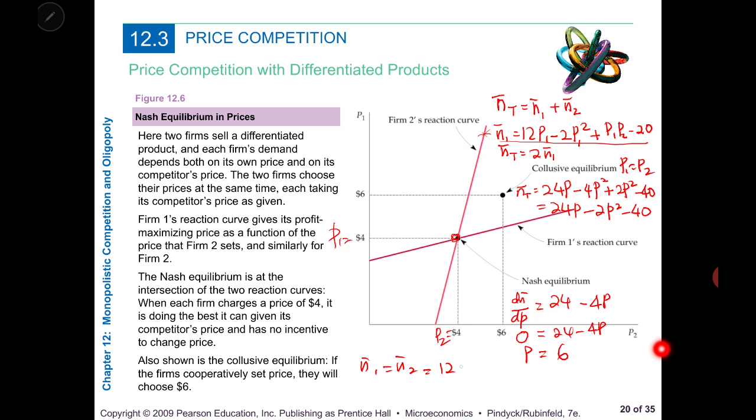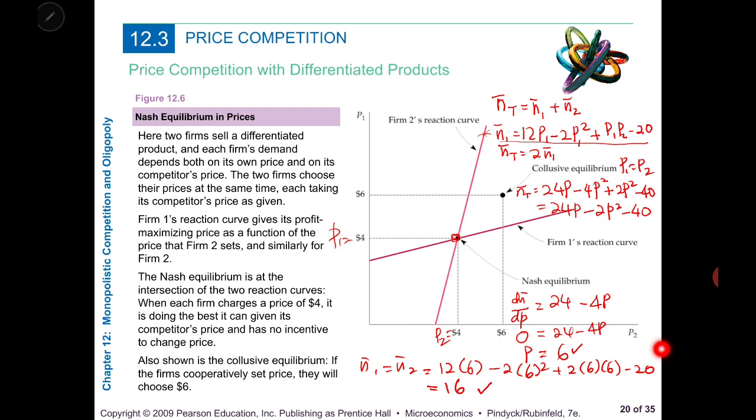Okay, 12 times 6 minus 2 times 6 squared plus 2 times 6 times 6 minus 20. You can use your calculator and you should end up with 16. So what's the profit for a cooperative duopoly? The price is 6 and profit is 16.